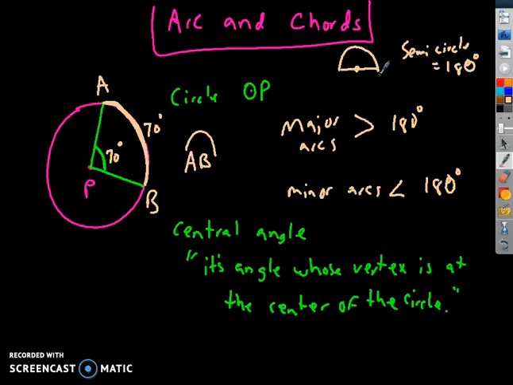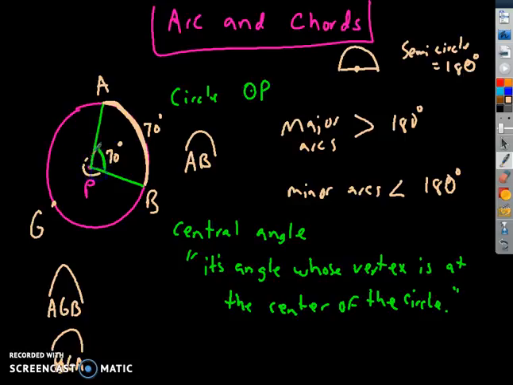To name a major arc, you typically need three letters. So I would give it another letter over here, let's say G. If I want to name the arc in the back, now I have three letters, so I can name it. This would be arc AGB or arc BGA, depending on how you want to name it. It also has a central angle.